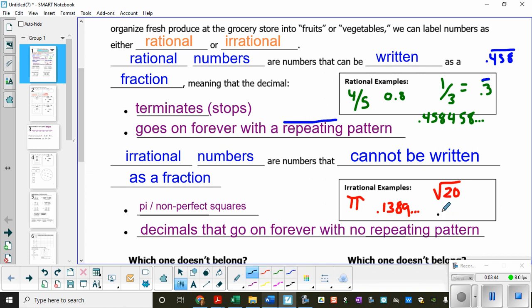Now, what if down here you saw 0.48, 448, 4448? Here you can kind of see a pattern, like 48, 448, 4448, but none of that repeats, meaning I can't put the line over just the 4 and the 8, because if I did, it should go 48, 48, 48, 48. That's what we mean by repeating versus no repeating pattern.